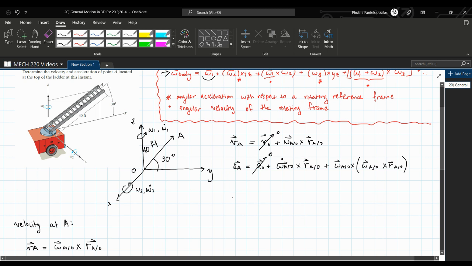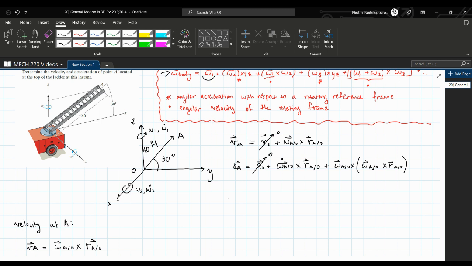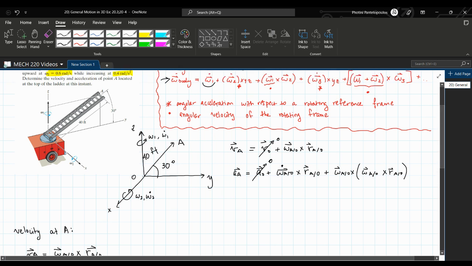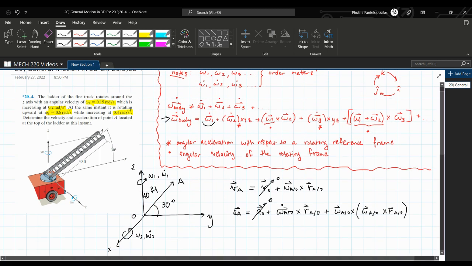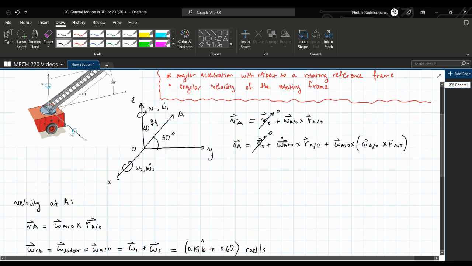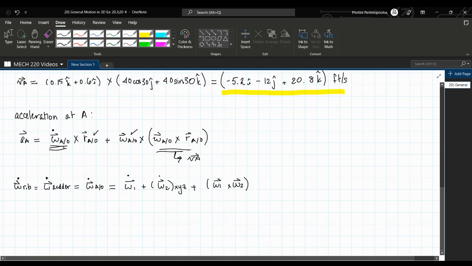Usually, that will be the case. Either a rotating frame will have the same origin as your fixed reference frame, either the axes will be completely collinear, as in this case, or you will have parallel axes. In this case, it's within the same frame, so the value that we got for the second angular acceleration, 0.4 rad per second, we can go ahead and just plug that in. And that's what we're going to do right now.